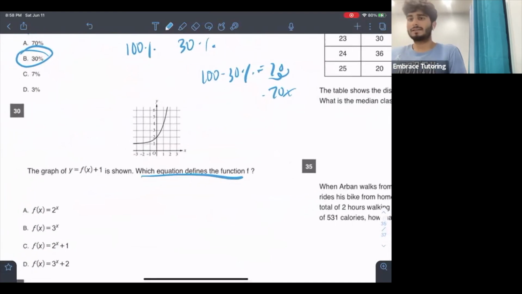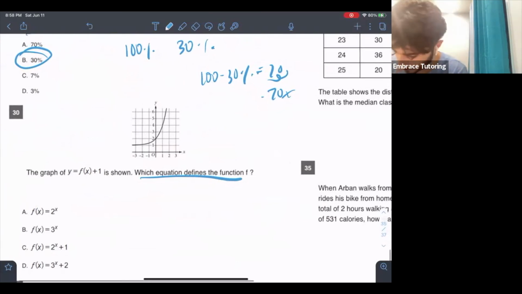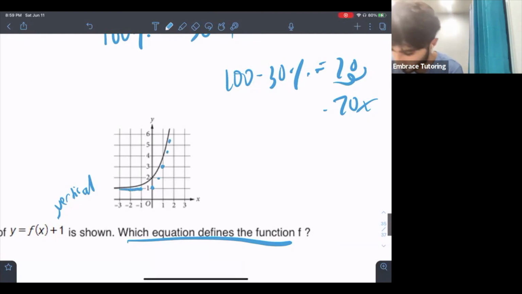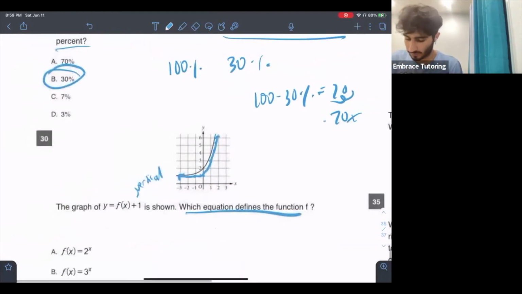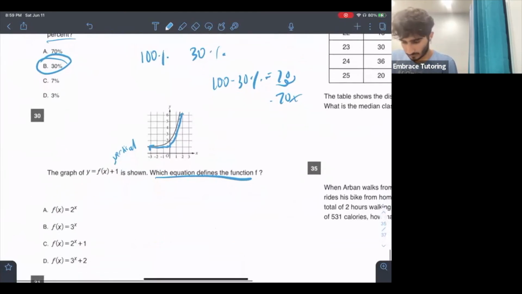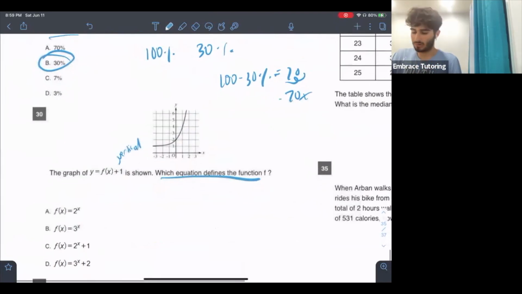So what you could do here is, you have a function where it's plus 1, the vertical shift, plus 1. If you shift everything down 1 point, you should get something like this. So let's use a point.